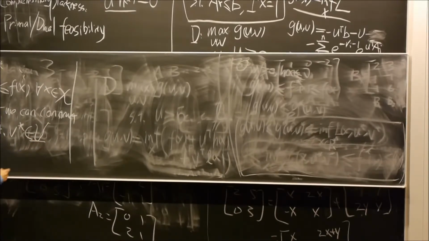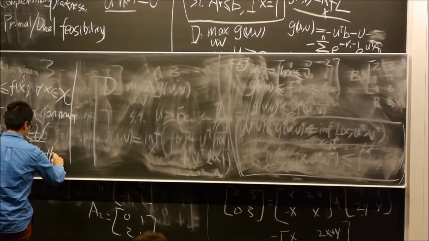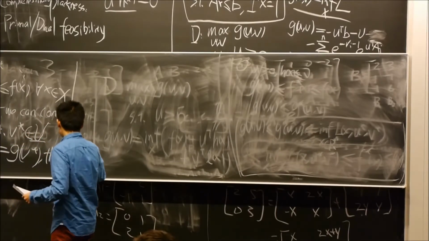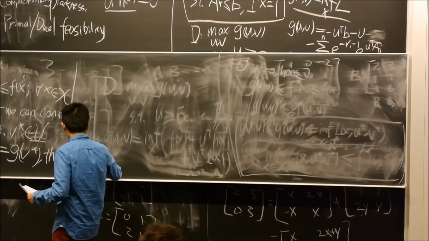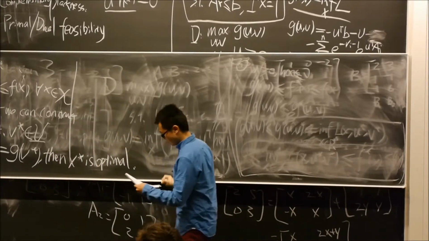This is the dual feasible set, and also f(x star) equals g(v star). This basically says that if the duality gap vanishes for this v star that we constructed, then x star is optimal.